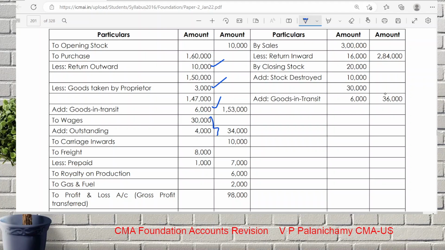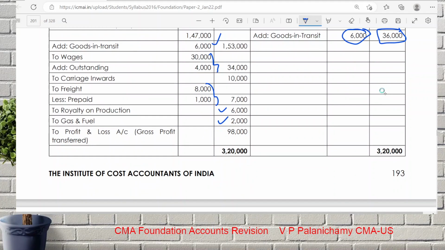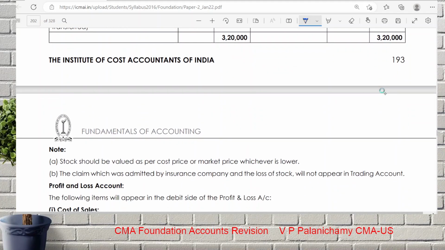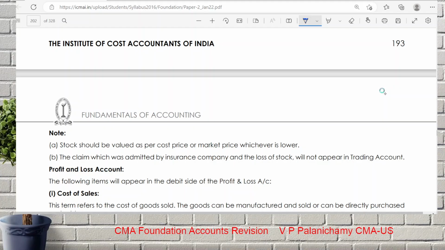Wages plus outstanding wages, freight minus prepaid, royalty on production, gas and fuel are recorded. Then sales minus returns, closing stock, stock destroyed, then goods in transit adjusted, 36,000 will come. This is how they prepare the trading account. Only a 1 mark basic question they will test.